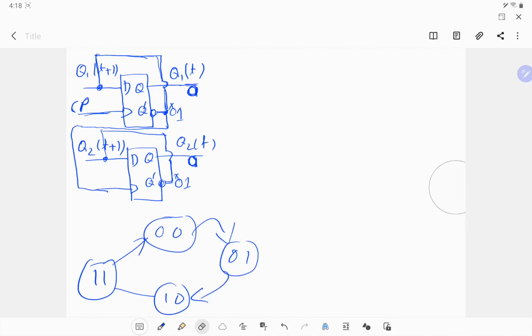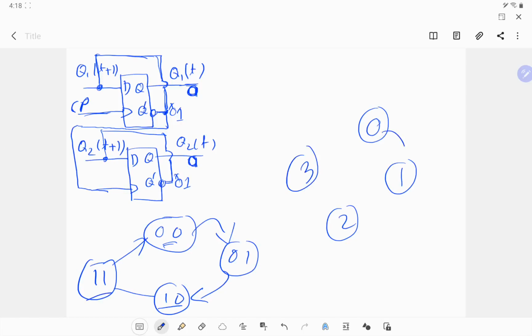Now, so we know that this 0 0 is actually 0 in binary representation. So similarly 0 1 will give us 1, 1 0 will give us 2, and 1 1 will give us 3. So 0 1 2 3, then again 0 1 2 3.